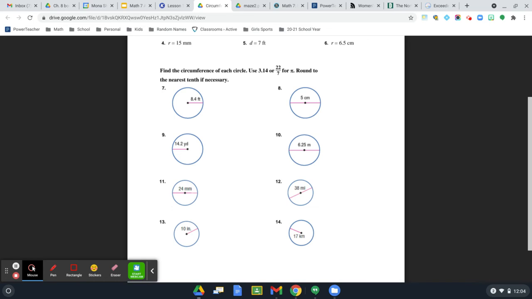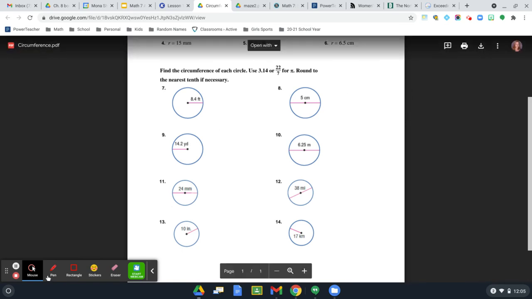For this front side and the back side, because it's going to ask you to round to the nearest tenth, I want you to use only 3.14. That's it.